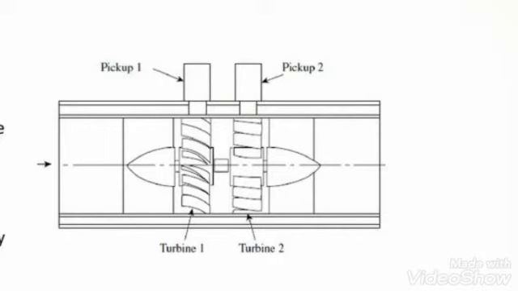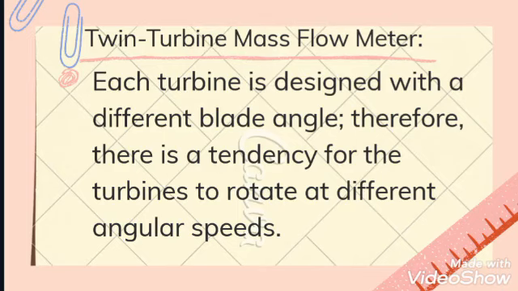Here you can see two turbines, turbine number 1 and turbine number 2. Both have different impellers and there are two pickup sensors to measure the rotation of each impeller, or you can say each blade.